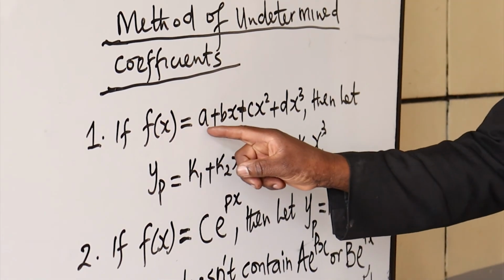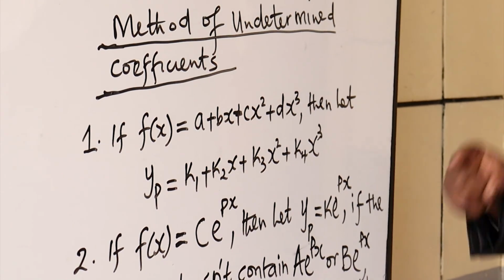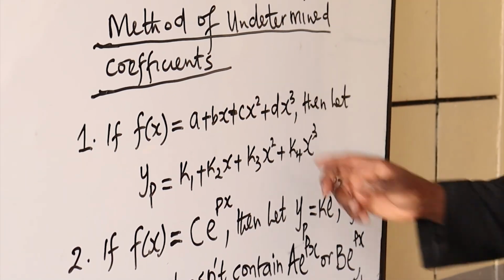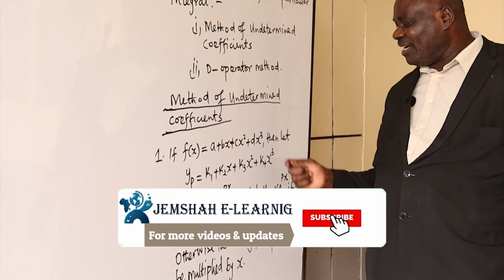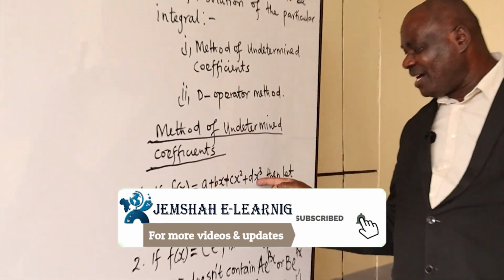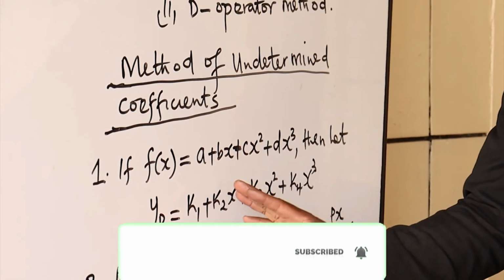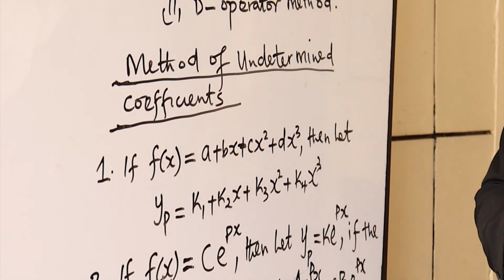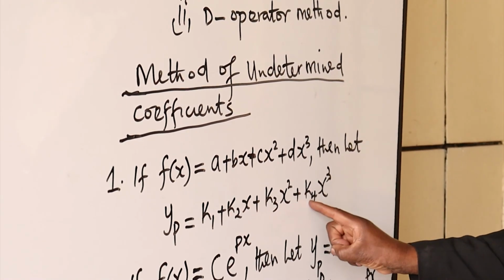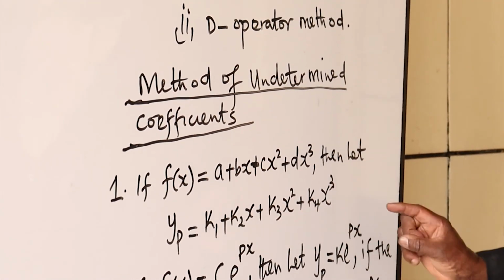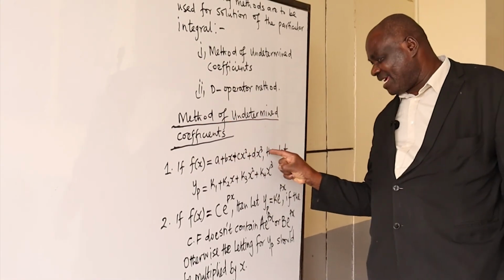If our function of x is a polynomial, what we need to check is only the highest power we have in that expression. For this highest power, in our letting, we'll start from k1 multiplying x power 0, up to a term with a constant multiplying the highest power included in our function of x.